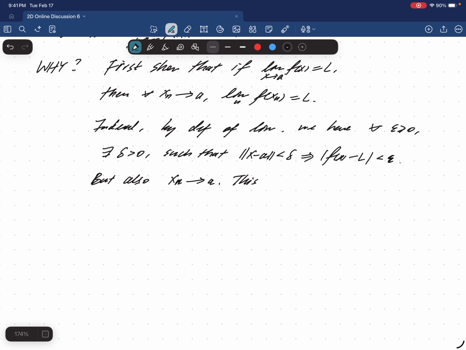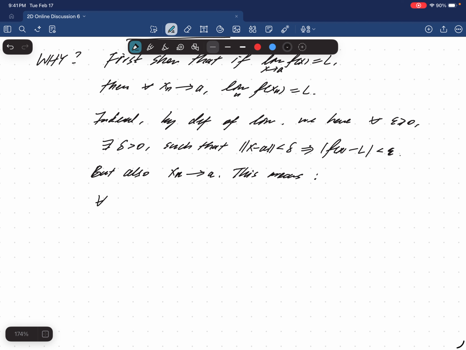This means, again by definition, there exists a large N that is a natural number, such that if small n passes large N, the distance between xn and A is smaller than delta.